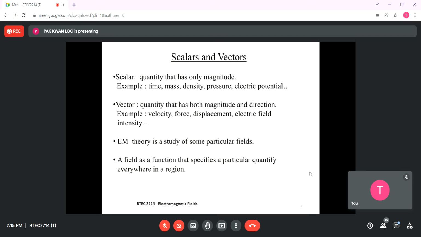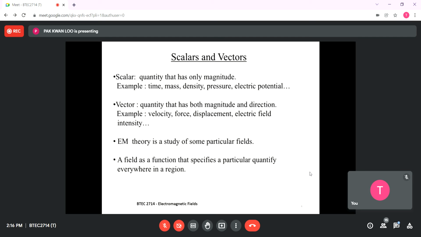For example, let's say we talk about temperature in a room. It is not necessarily constant throughout a given space in the room. At any point in a three-dimensional room, for example the room that you are sitting in now, we have different temperature at different points.